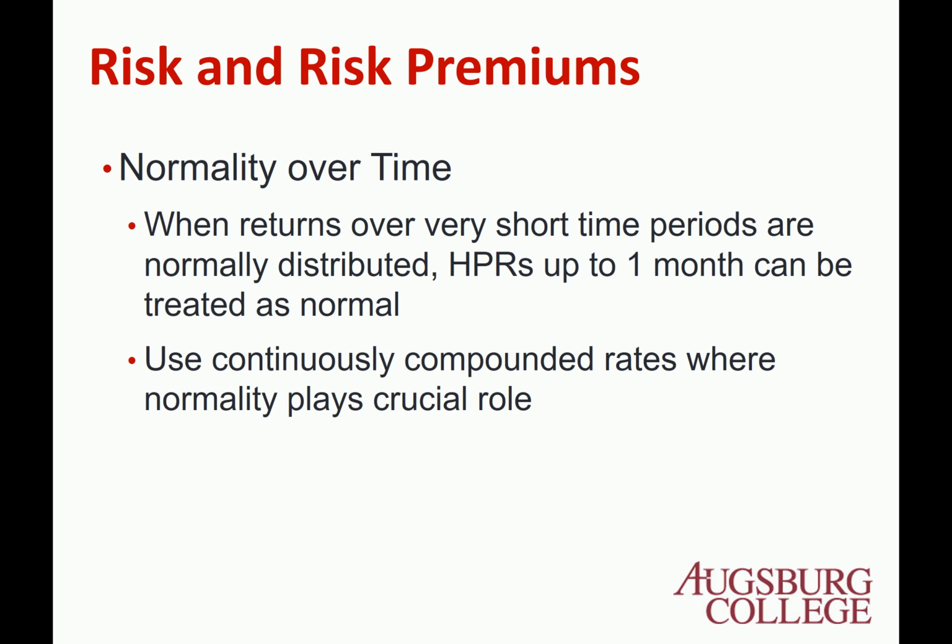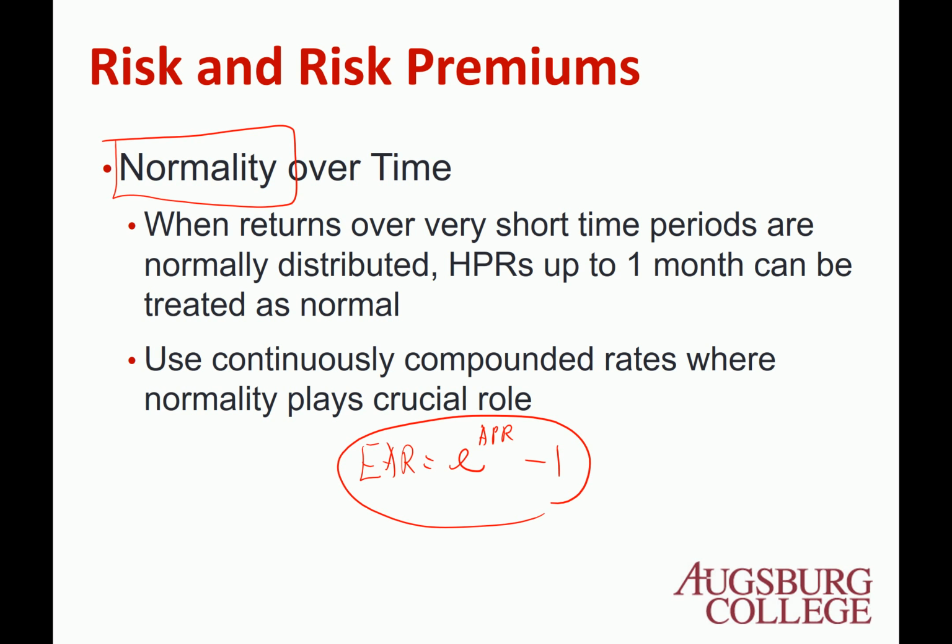Now, one issue is whether return distribution is really normal. Well, sometimes it is normal, sometimes it's not. But especially shorter returns are usually more normally distributed, because first of all, the continuously compounded rate, which is ln of 1 plus EAR, will be normally distributed.